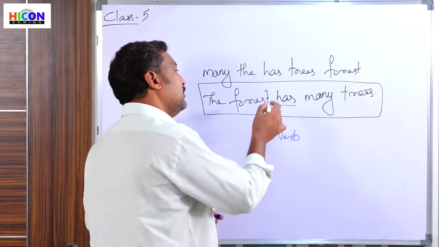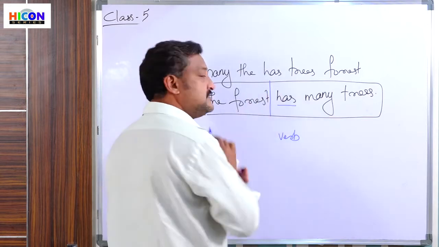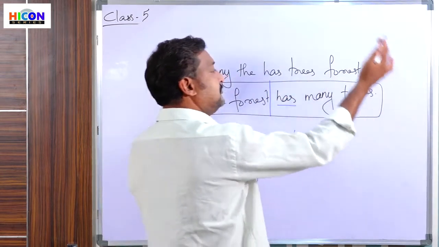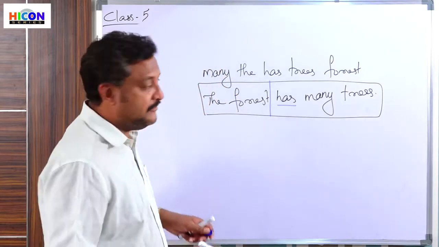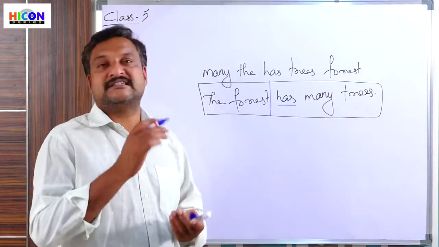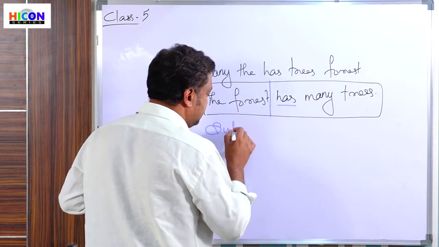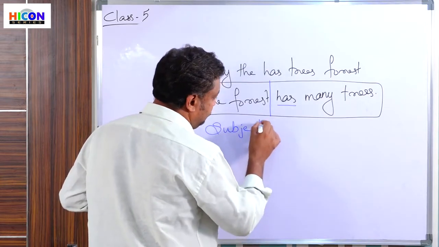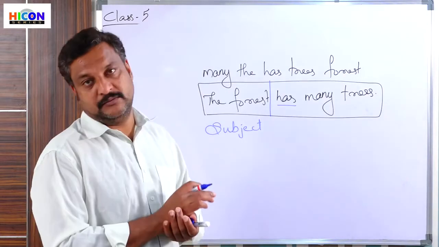Up to the verb is one part, from the verb is the second part. Up to the verb, what we have is something that is about the sentence. That is called the subject, the doer of the action represented by the verb.